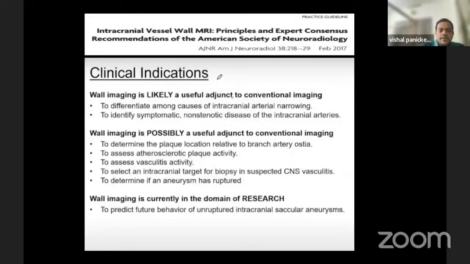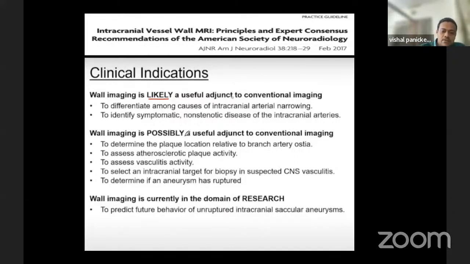So this is the American Society of Neuroradiology recommendation. Clinical indication: vessel wall imaging is a likely useful adjunct to conventional imaging to differentiate among the causes of intracranial arterial narrowing, and to identify symptomatic non-stenotic intracranial disease.